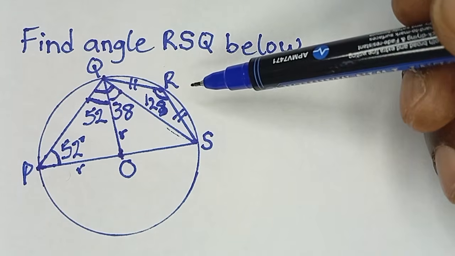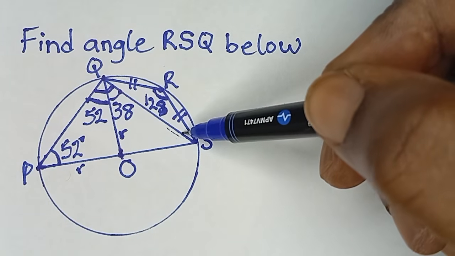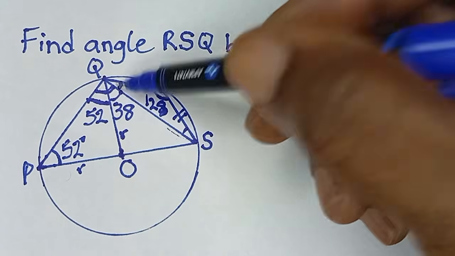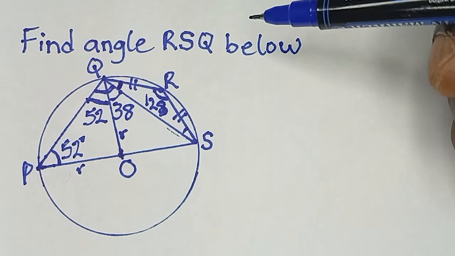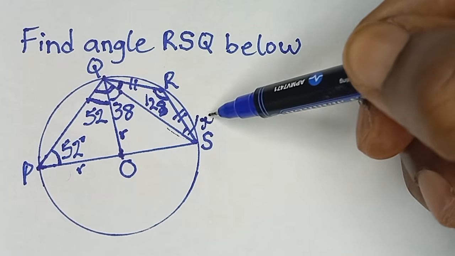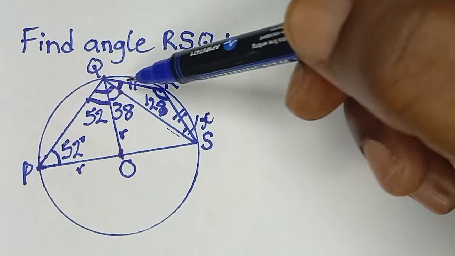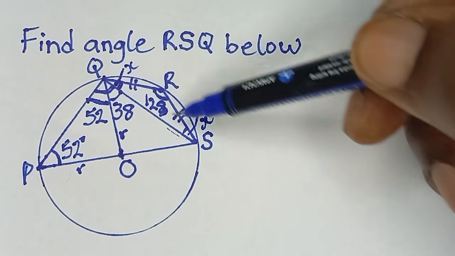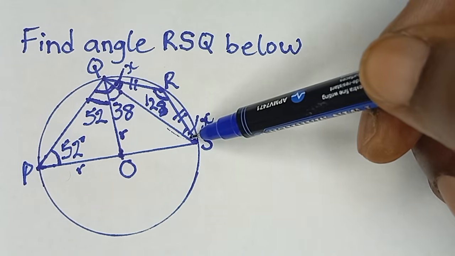Since it is an isosceles triangle, the base angles are also equal. So if, for example, this angle here is x, this other angle too will be x because the base angles of an isosceles triangle are equal.